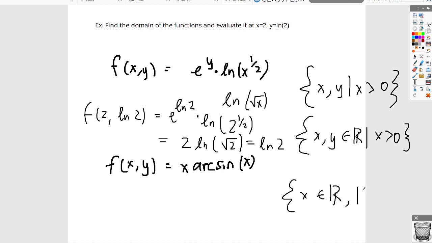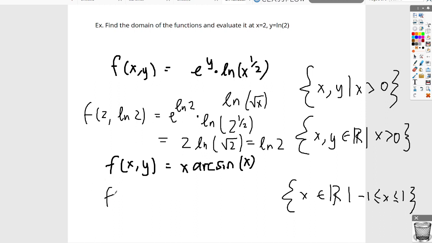So x belongs to the real numbers such that negative 1 is less than or equal to x, and x is less than or equal to 1. And that's your domain.